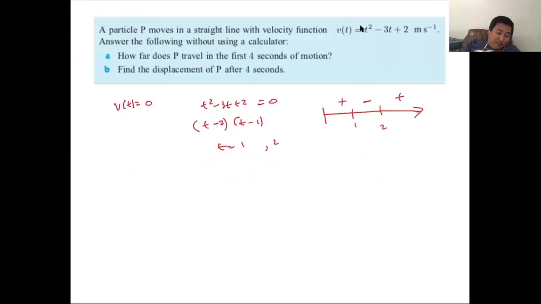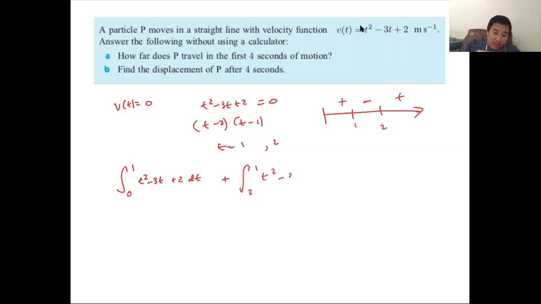So for the first interval, from 0 to 1, the integral of t squared minus 3t plus 2 dt, plus, technically it's from 1 to 2, but because it's negative, I'm going to put 2 to 1. That makes it positive.